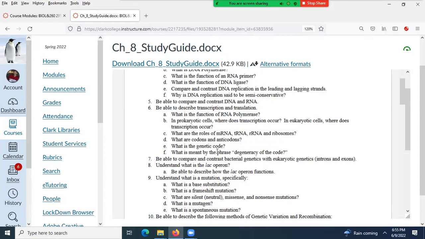You should mention what the genetic code is and how the genetic code is redundant, meaning that more than one codon codes for the same amino acid for some, if not most, of the amino acids. And that's what we mean by degeneracy of the code. There's more than one codon for most of the amino acids.